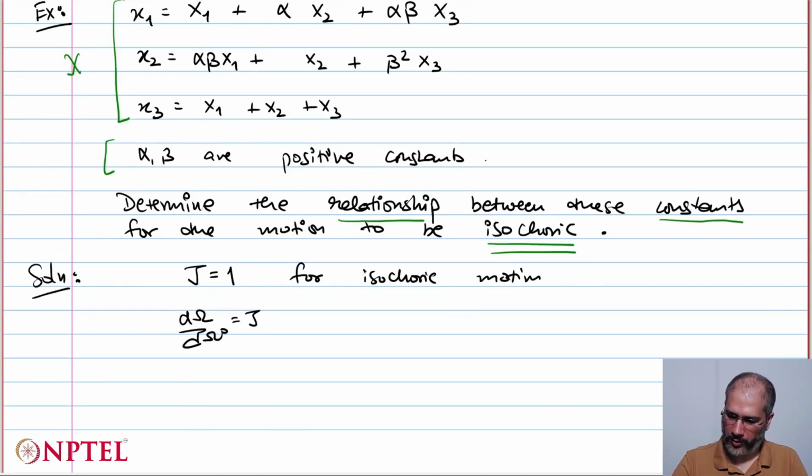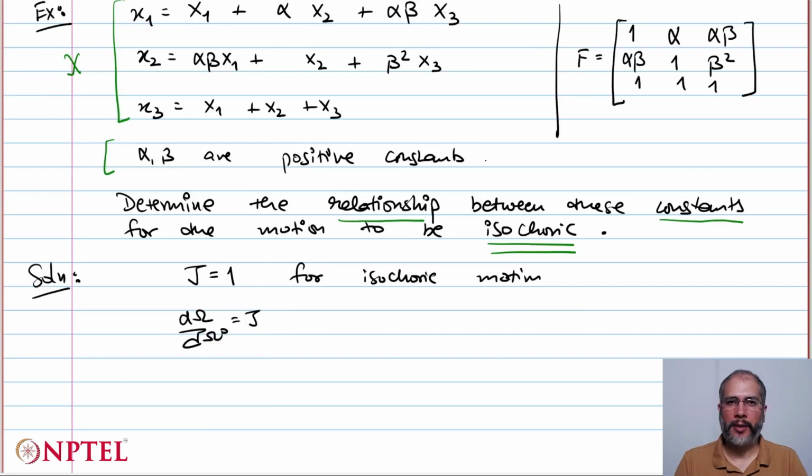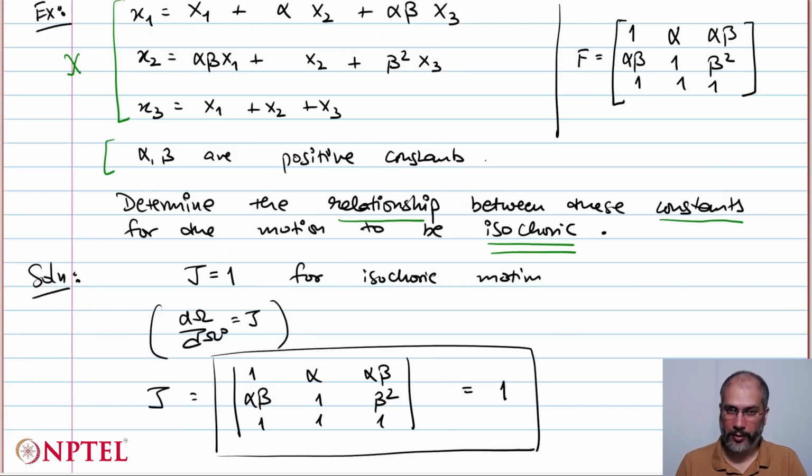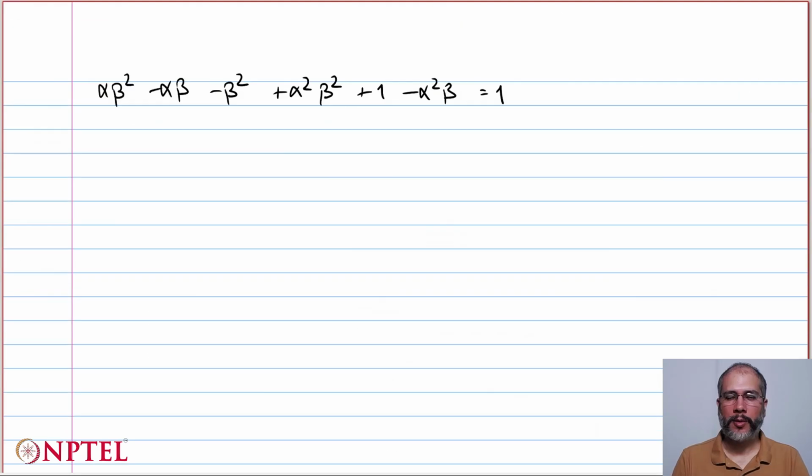So for this transformation, I can find the F matrix first as this, and the Jacobian is given as the determinant of this matrix, which has to be 1.